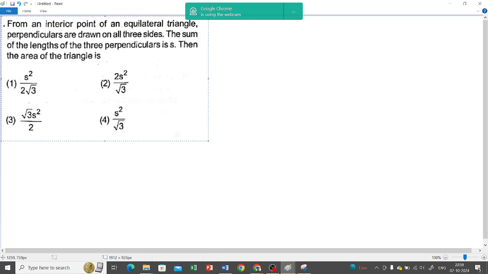Try out this sum. So equilateral triangle. You know what is an equilateral triangle? Equilateral triangle is a triangle which has all the sides equal and all the angles equal. Okay. This is a very easy sum. Try it out.